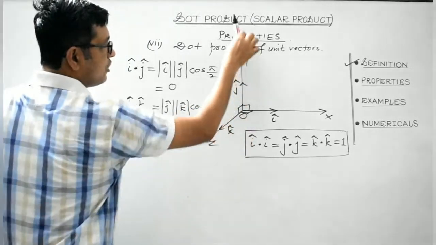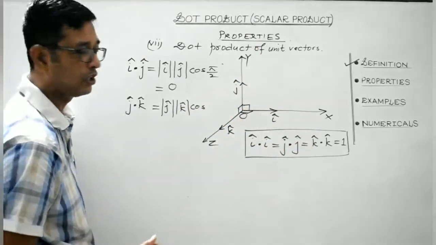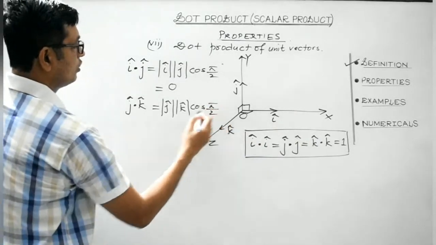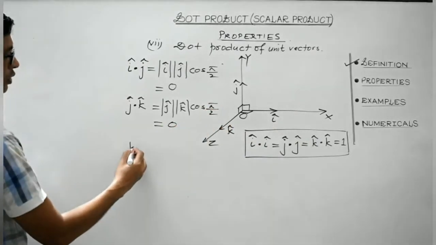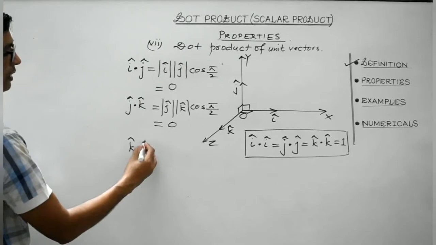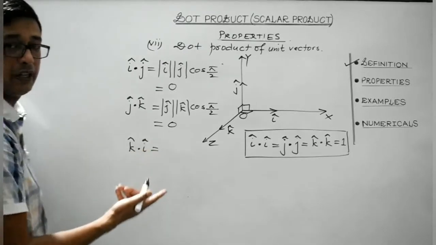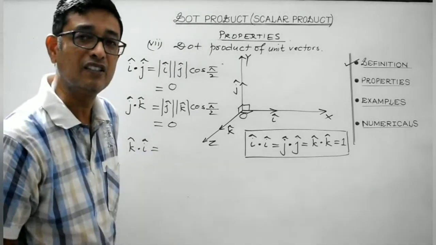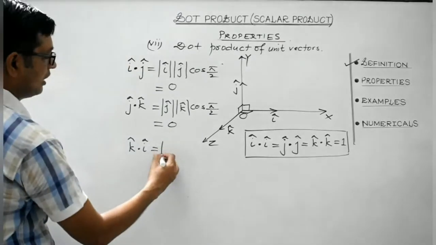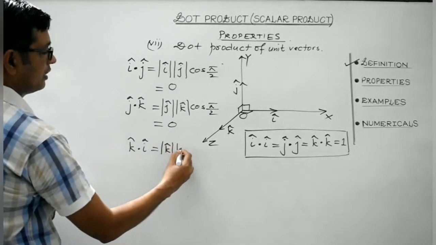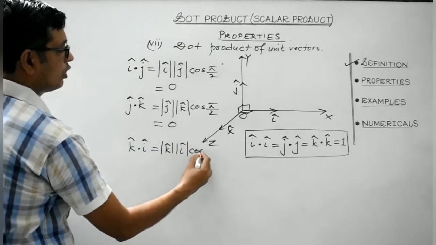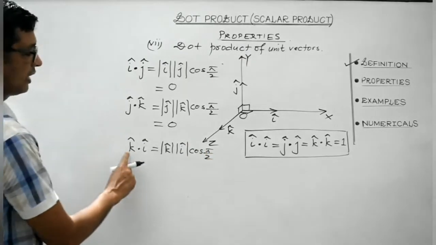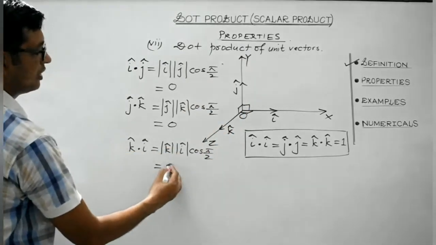They are mutually perpendicular, so the angle is 90 degree, and it will again be 0. What about k cap dot i cap? Again, these two being perpendicular, and the dot product of perpendicular vectors is always 0. The angle between k cap and i cap is 90, so again we get 0.